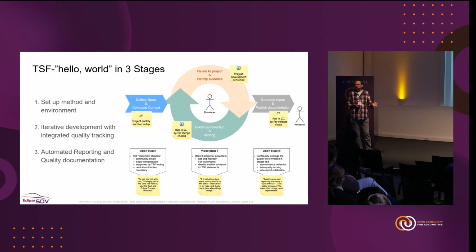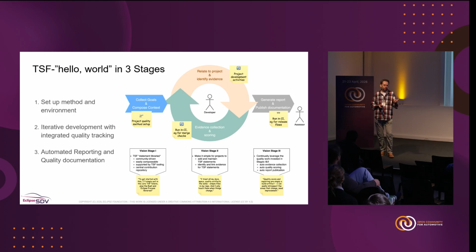You do that once, ideally, or only occasionally. But that's set up. Stage two is the day-to-day, as you're developing and building your thing, you write code, documentation for the code, maybe tests, specifications, etc. That stays the same. If you're applying a method like that, you have to do two extra things.